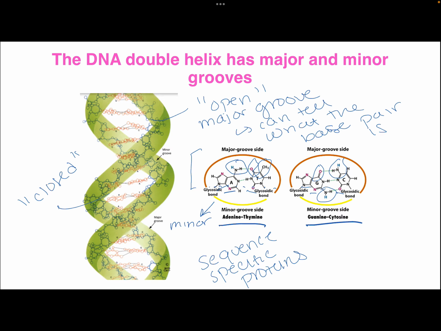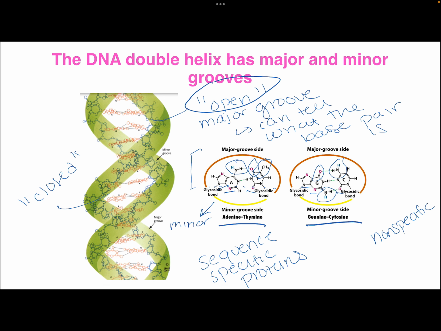So they're going to want to bind in the region of the DNA that allows them to distinguish these base pairs so that they know that they're binding to the right sequence. Whereas something more non-specific may just interact with the DNA through the phosphate groups by recognizing all those charges. So they can bind wherever they want.